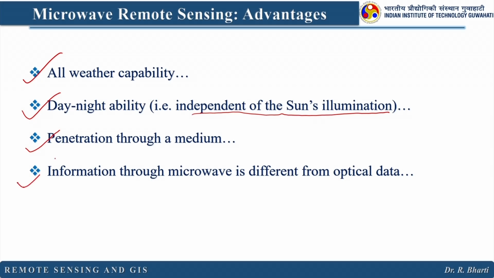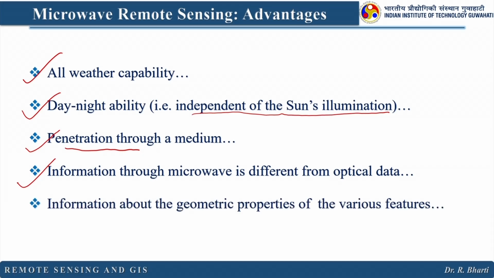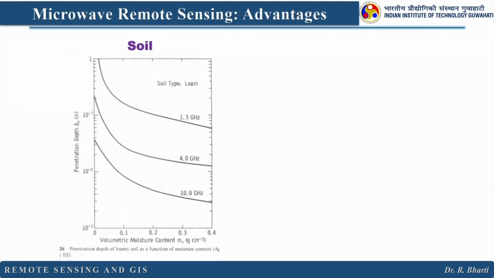How is it different? Because this is backscattered and the wavelength is longer. So your penetration will be there, right. And that indicates you will have more structural information rather than compositional information. Information about the geometric properties of various features, that is the advantage of this microwave remote sensing.